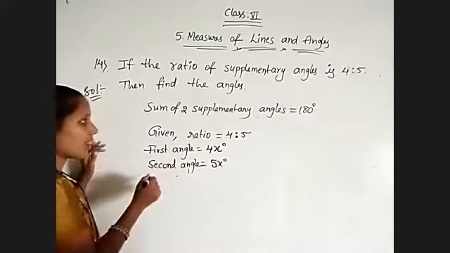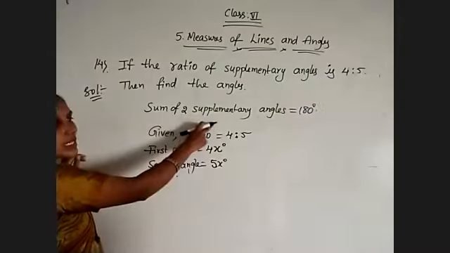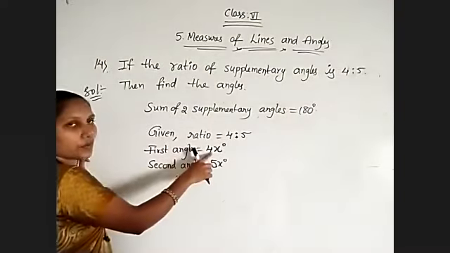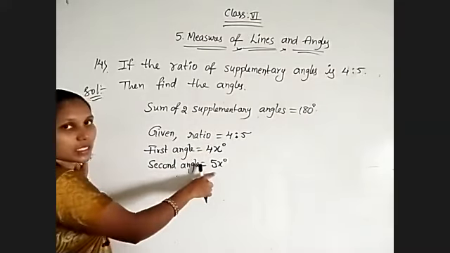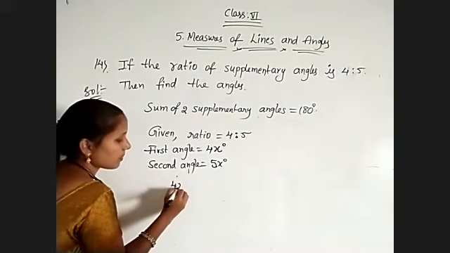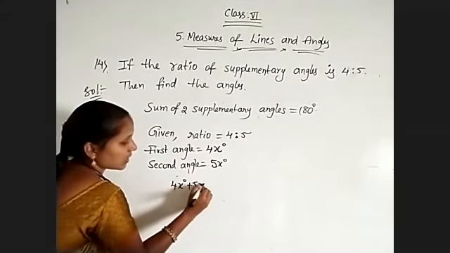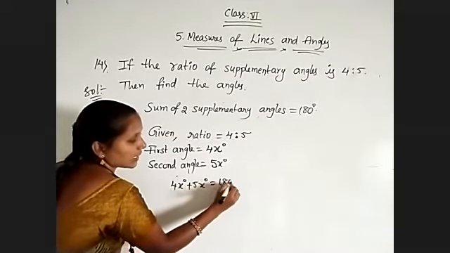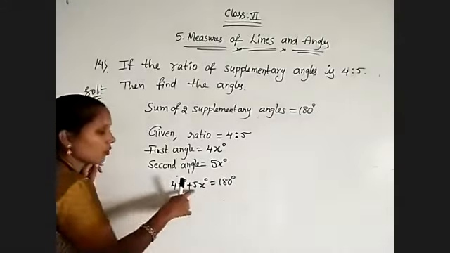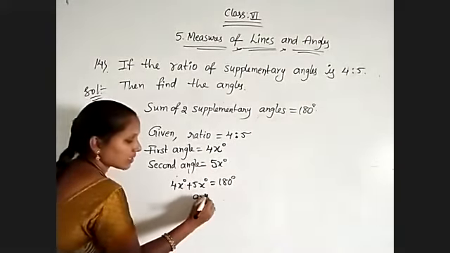Now we know that the sum of the two supplementary angles is equal to 180 degrees. The first angle is 4x, the second angle is 5x. The sum of these two angles is equal to 180. 4x plus 5x is equal to 180 degrees, because these two are supplementary angles. Now 4 plus 5 is equal to 9x.